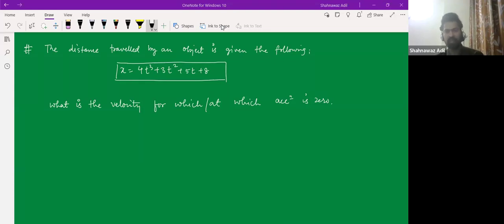So distance is given in the parametric form as a function of time, and we have to calculate the velocity at which acceleration becomes zero.